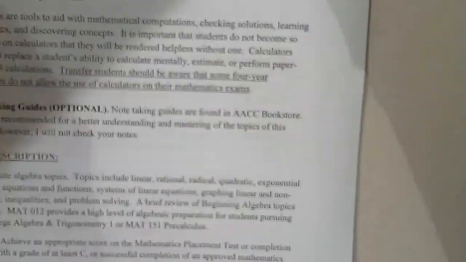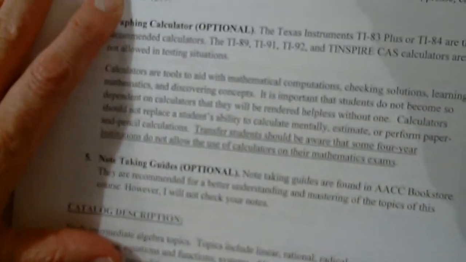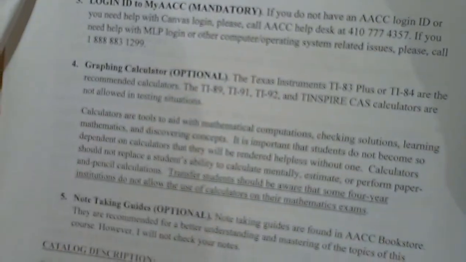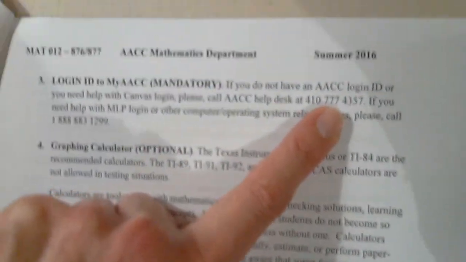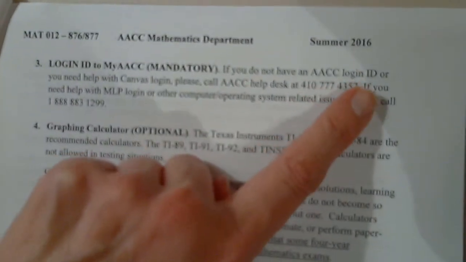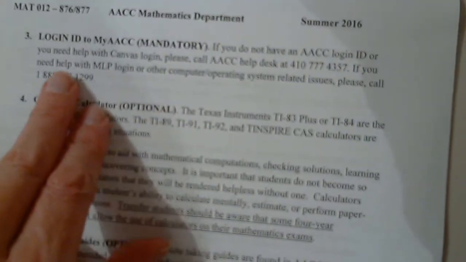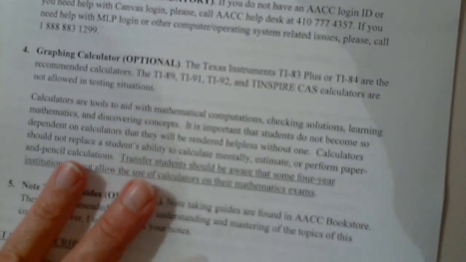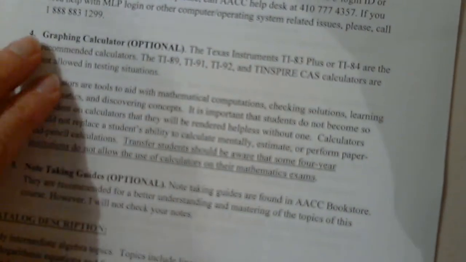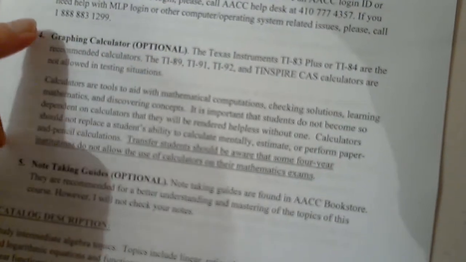Page 2 of the syllabus. If you have any concerns about logging in, or you don't have an ACC login ID, you have to call the help desk, and they will help you with that. The graphing calculator is optional. Please read this.